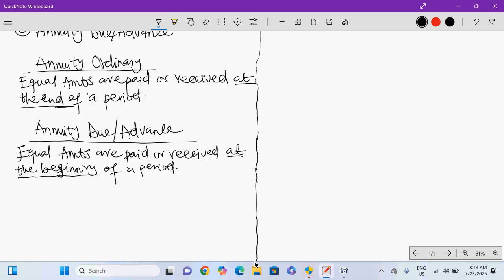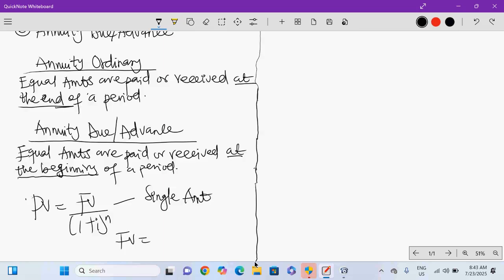Note that what we discussed earlier was the present value of a single amount. We said the present value of a single amount is the future value over (1 plus i) exponent n. And we also said that the future value is the present value times (1 plus i) exponent n.